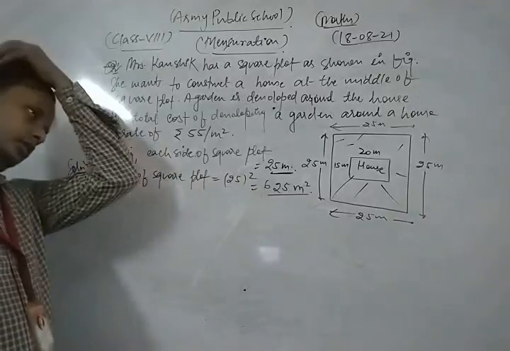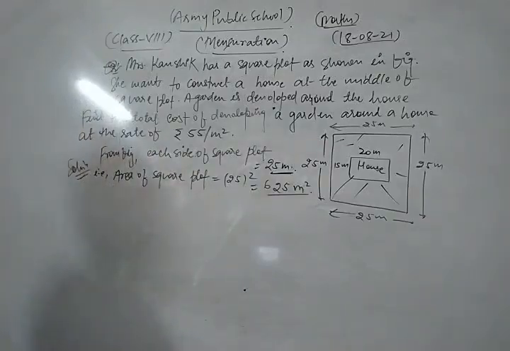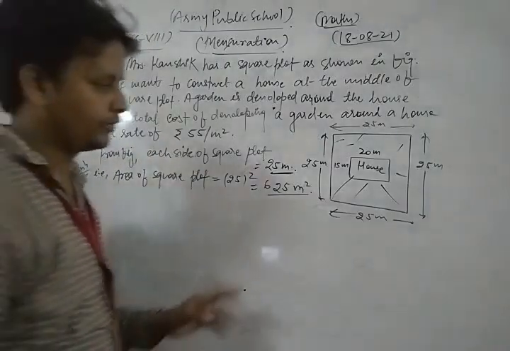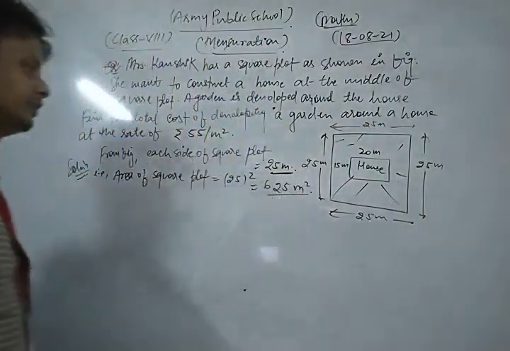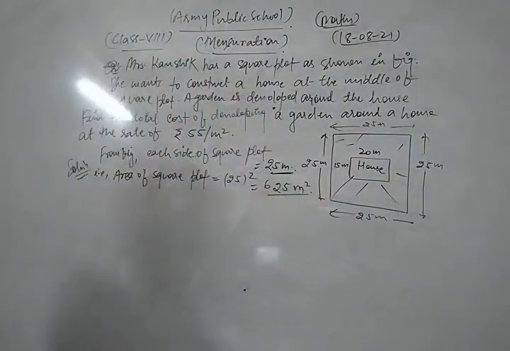Each side of the square plot is given as 25 meter, so the area is side square, which is 625 meter square.